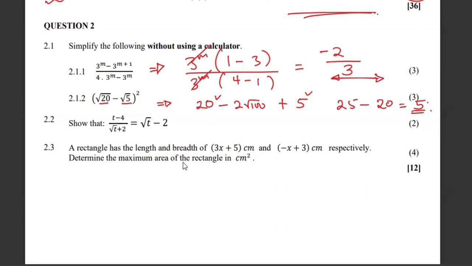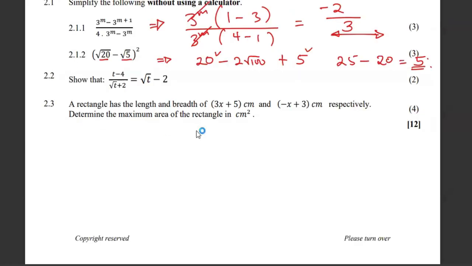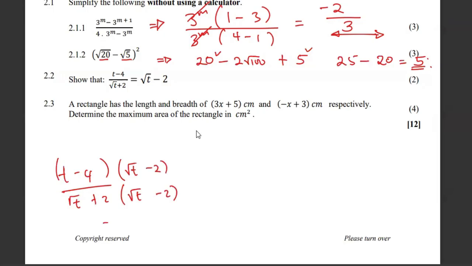And then can we show that this is the same as this? So we're going to rationalize the left-hand side. So it's going to be t minus 4 over root t plus 2. So multiply this by root t minus 2 over root t minus 2. You open the top, it's going to be t and that, which becomes a t root t.